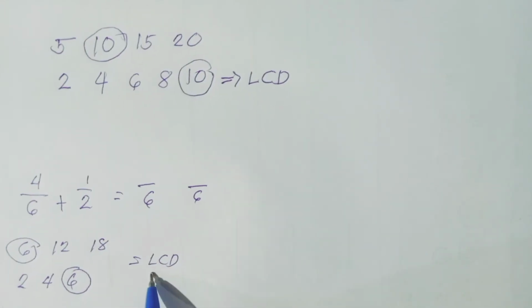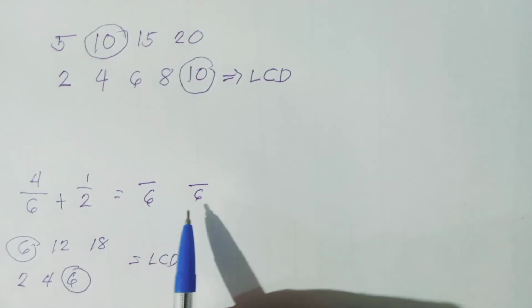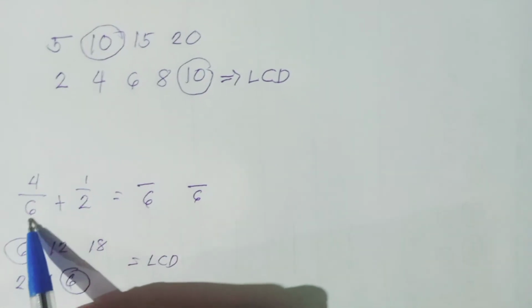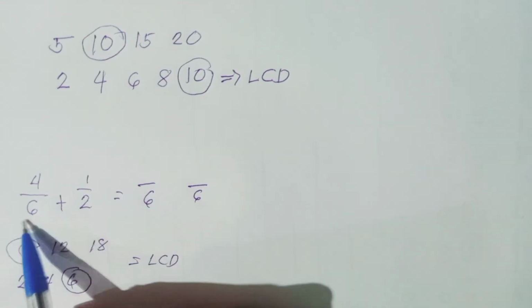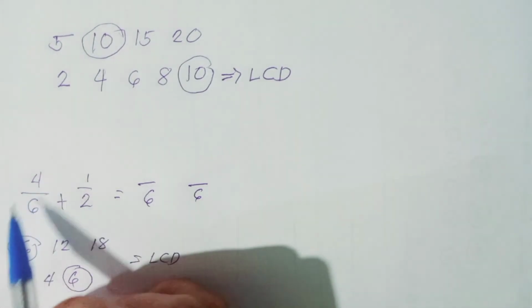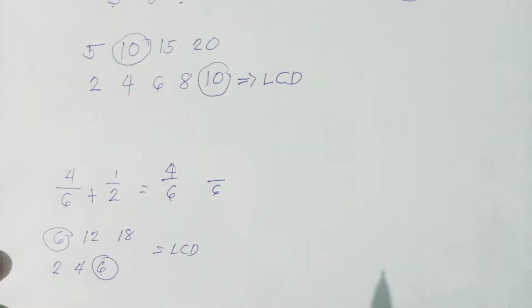The first step is to find their LCD. Then we divide the LCD by the denominator. 6 divided by 6 is 1. And then multiply it to the numerator. 1 times 4 is 4.